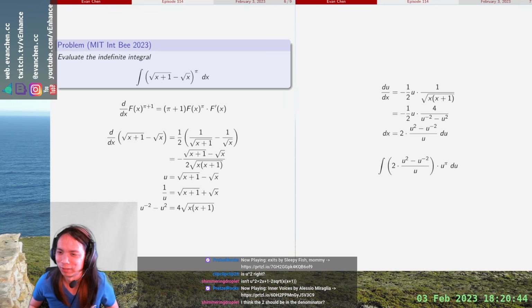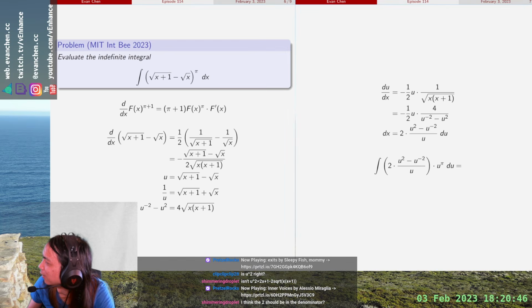I think the 2 should be in the denominator? Seriously? No, it gets flipped, right? Because this is 1 over? Maybe? Okay, you know what?